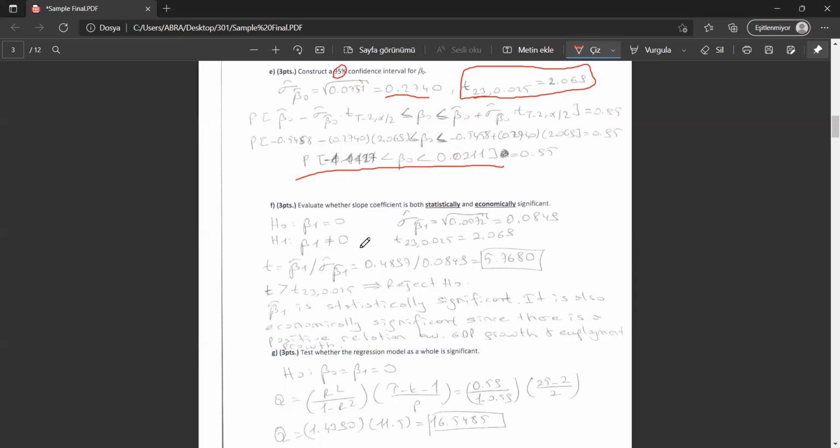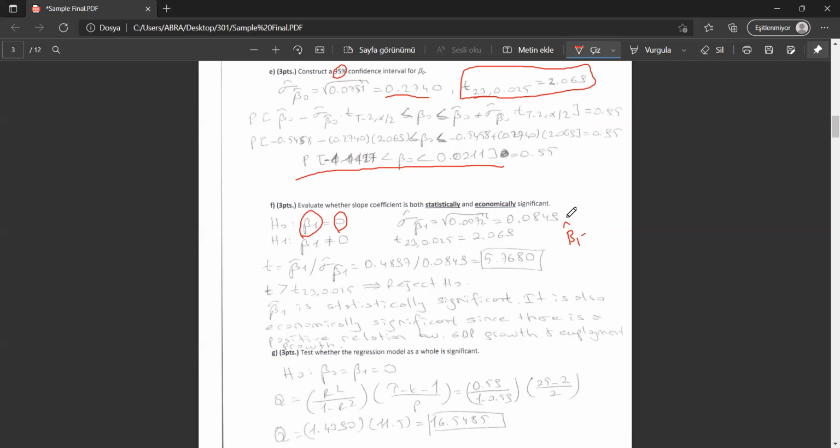And the decision criterion for a two-tailed test is that first, you write the estimated version of the thing you are asked to test, which is beta 1 hat, okay? And you subtract the value the null hypothesis says, which is 0.